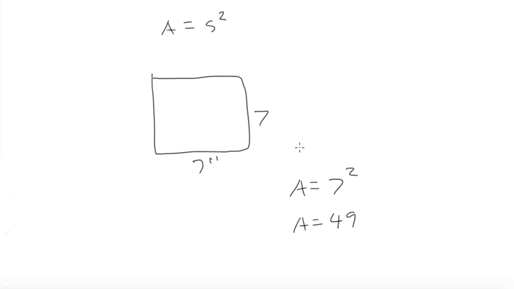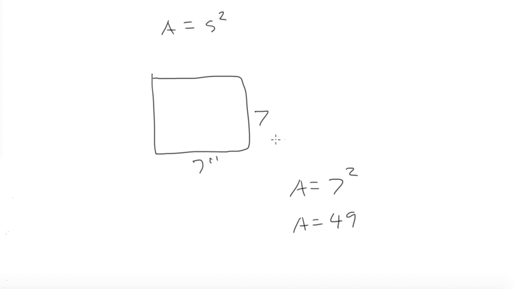So this S right here, all right, that's a symbol, okay? And this A is a symbol, and they express a relationship, and the relationship is this, that whatever you put over here, you square it, and it will give you the area, okay?